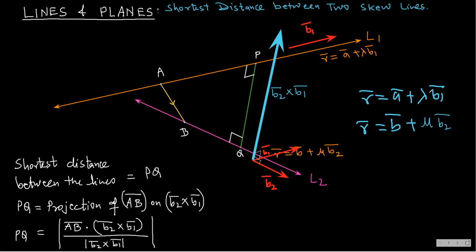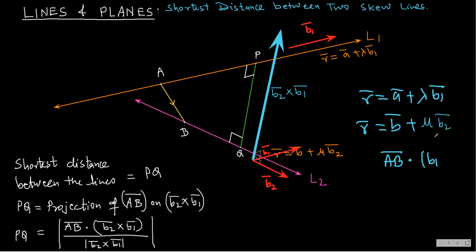What will be the shortest distance between these two lines? Listen, students. The shortest distance will be very simple. This is the position vector of a point on the line, and this is also the position vector of a point on the line. So with these two points, you make AB bar. So AB bar dot the cross product of these two.